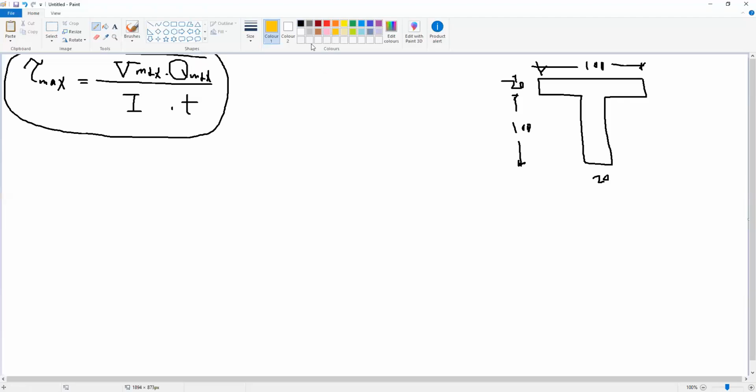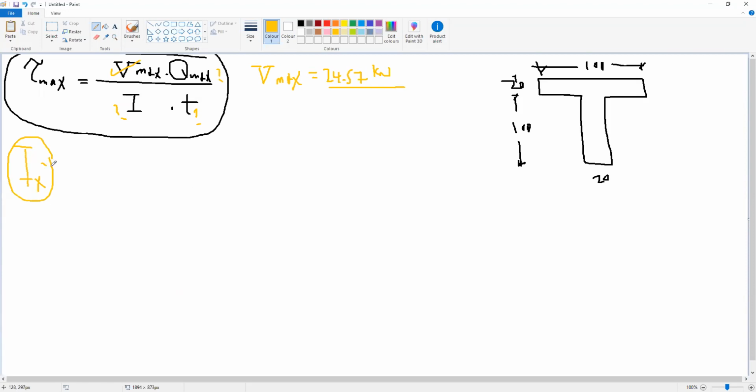Now we only know from the previous calculation V max, 24.57 kilonewton. So we still need to find I, T and Q max. How to find I? We need to find I x dash, which is the inertia of this section.